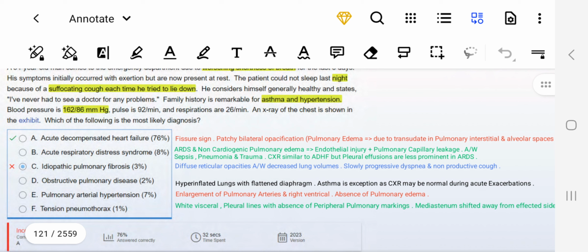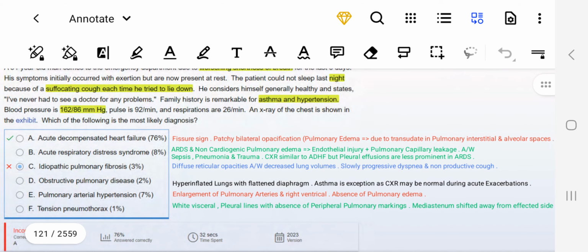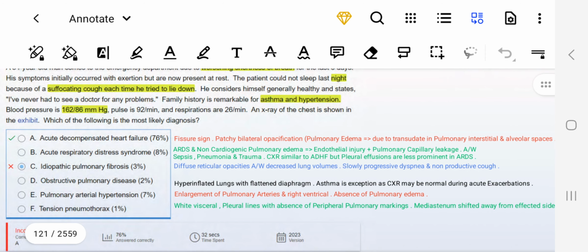Why not option E, pulmonary arterial hypertension? In that case, there would be enlargement of pulmonary arteries and right ventricle, and there would be absence of pulmonary edema. In case of tension pneumothorax, there are white visceral pleural lines with absence of peripheral pulmonary markings, and the mediastinum is shifted away from the affected side. This is important.